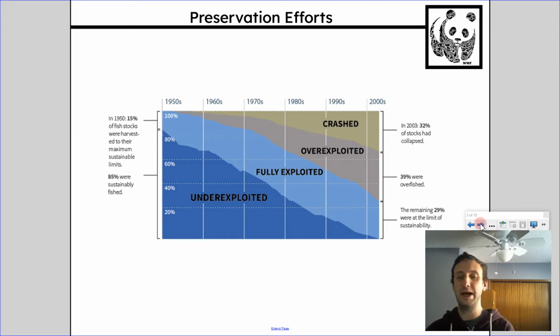And the remaining 29% are at the limits of sustainability, so they're being fully exploited. The population is staying relatively constant, but it's not underexploited. So anyways, I think it's telling. I think it's interesting to look at this graph and how it's changed over time, and a little bit scary, right?